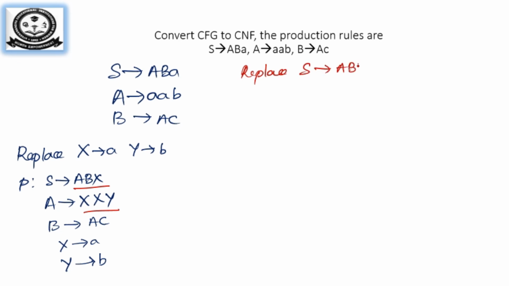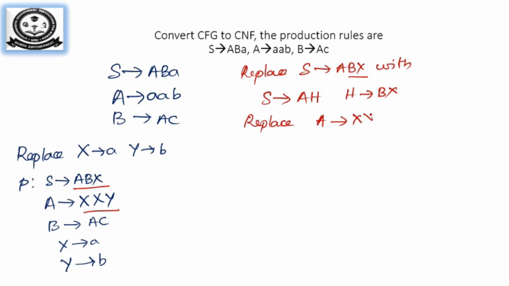So S implies ABX. What is the term I will replace? We will have one more term. I will take BX as H, and H tends to BX. Similarly, we will replace A tends to XXY with A tends to XG. I will take G as XY, and G tends to XY.